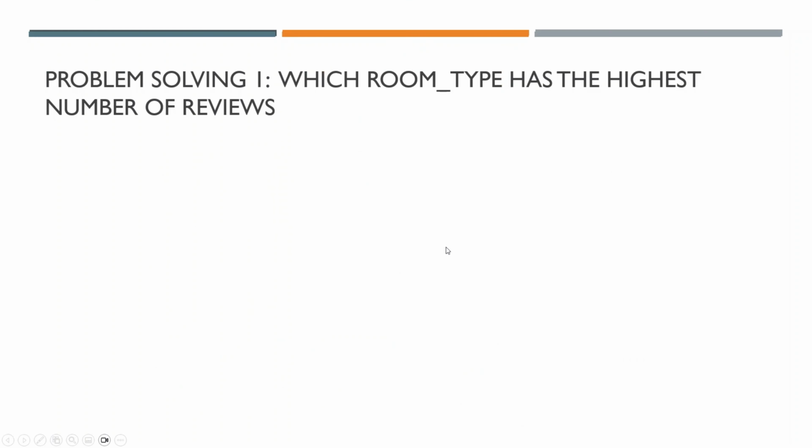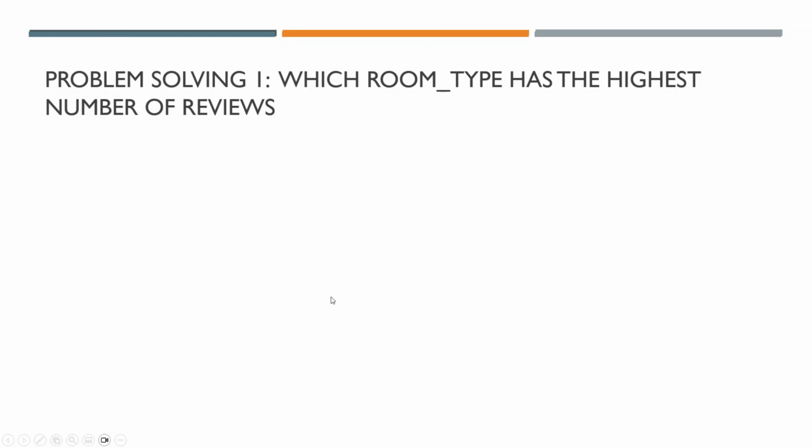The example you're going to look at is, we want to look at which room type has the highest number of reviews. The case study we've been working with on Airbnb. Which of the rooms has the highest number of reviews? Which room type, just look at the question. Which room type has the highest number of reviews?